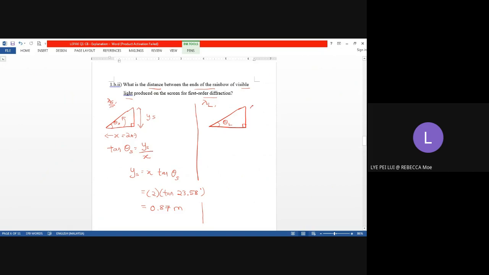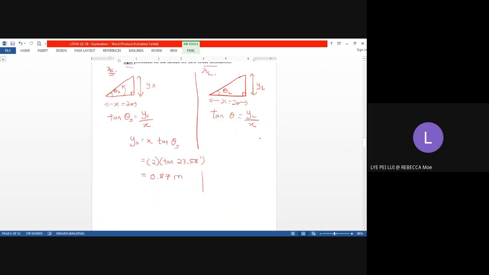This one is my YL. I put a capital letter, X equals 2 meter, right? Tangent theta equals YL over X, right?